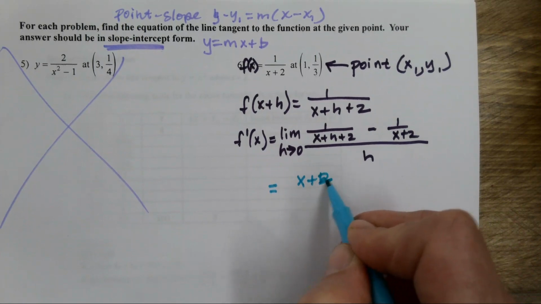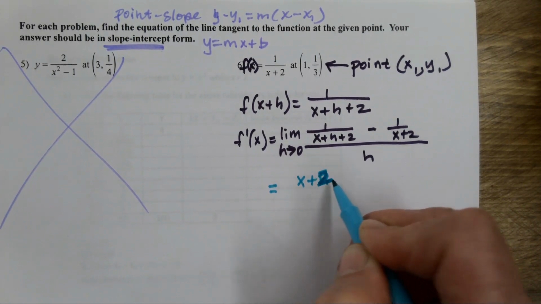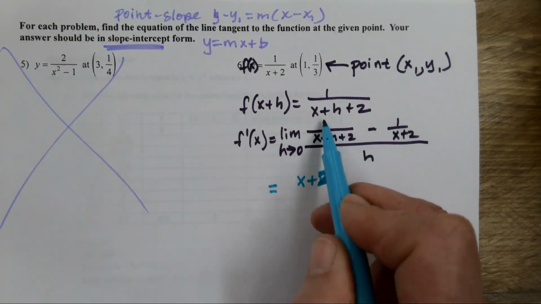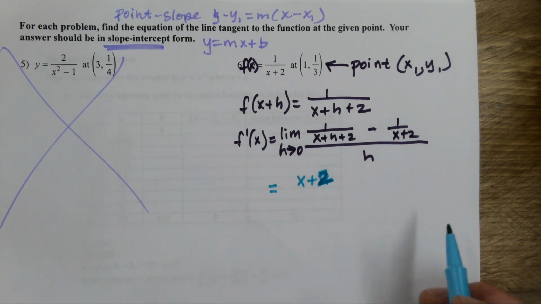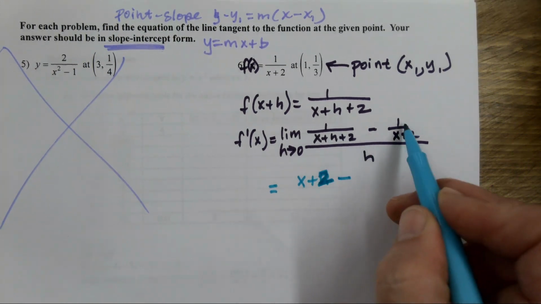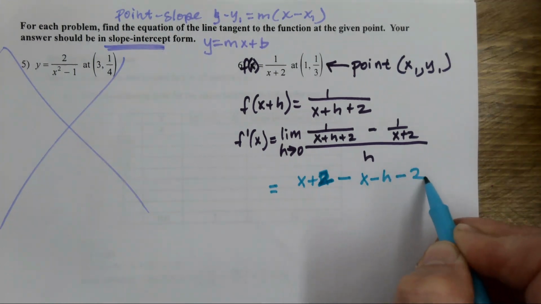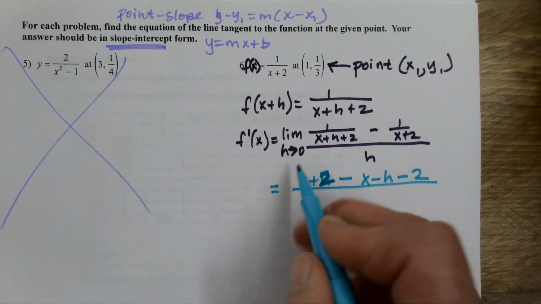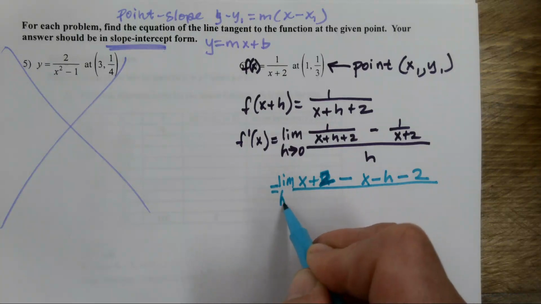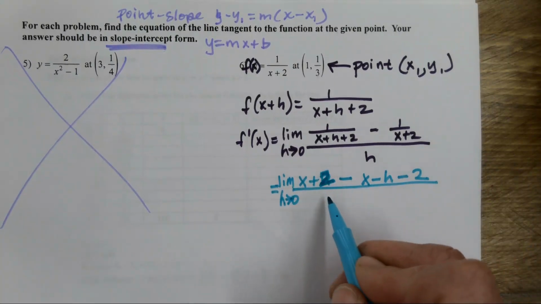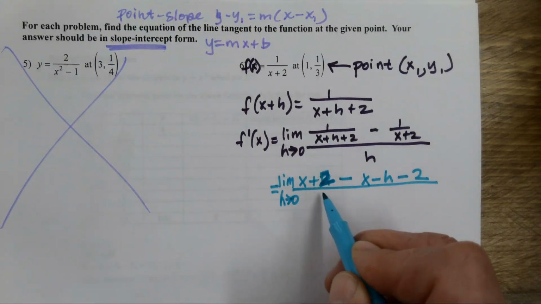Oops, that's a 2 there, sorry. The first fraction top and bottom by the denominator of the second, and the second fraction top and bottom by the denominator of the first. I put it all over the new denominator.